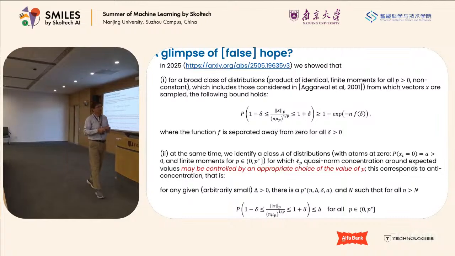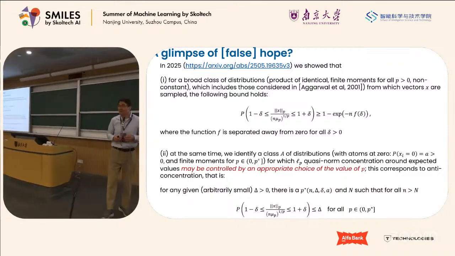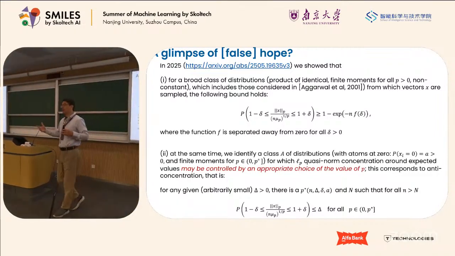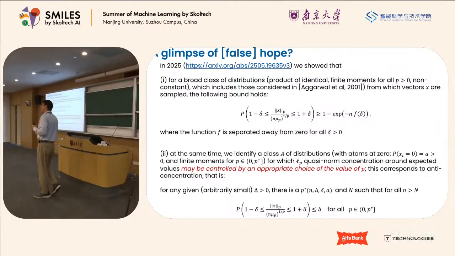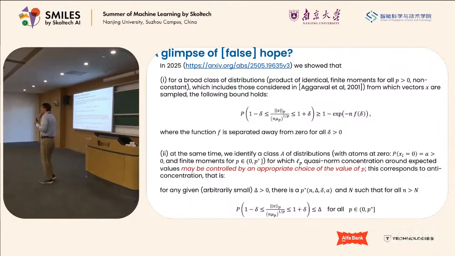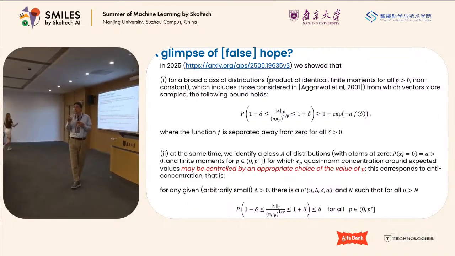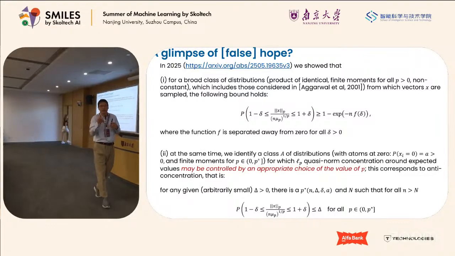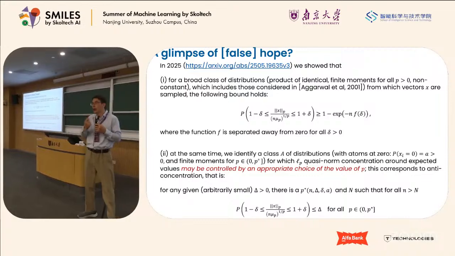So at the same time, if your data is generated from a distribution that has an atom at 0, what does it mean? An atom at 0 means that the probability of a random variable being equal to 0 is not 0.